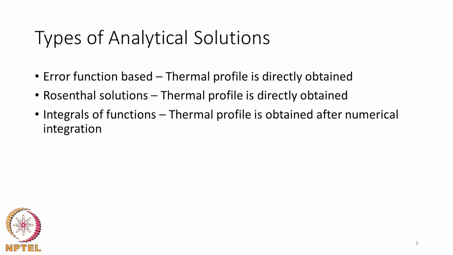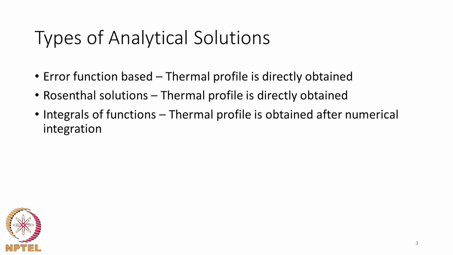So, there are three types of analytical solutions that are generally possible in welding. One of the reasons that welding does not give a possibility to have a large number of analytical solutions is because of the nature of the problem. We have a moving heat source which can have a fairly complicated distribution of heat, and we also have boundary conditions that could be a variety including conduction and radiation and different walls having different conditions.